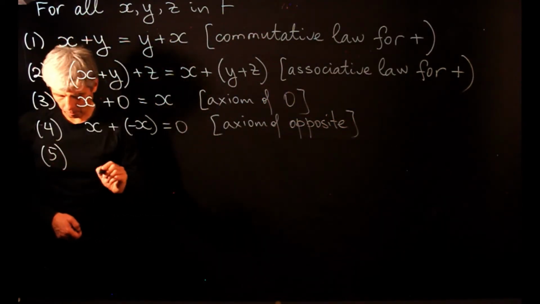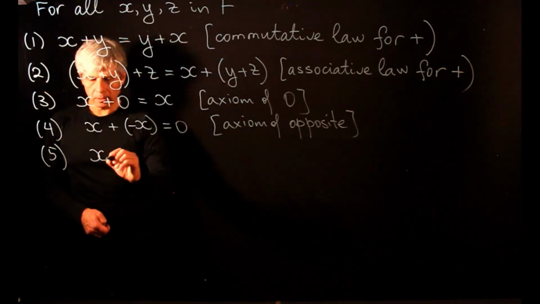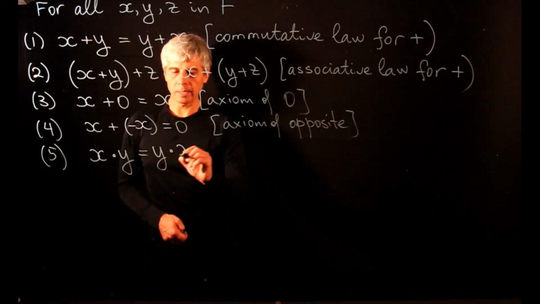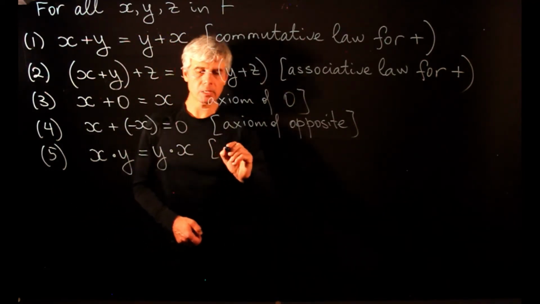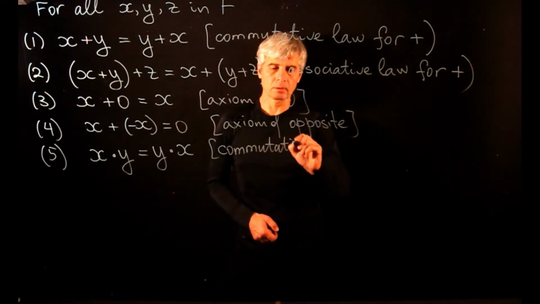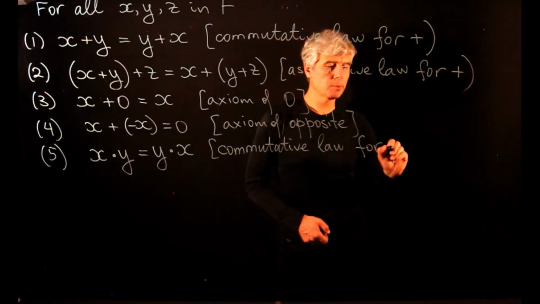Five. x times y is equal to y times x. So this is the commutative law for multiplication.